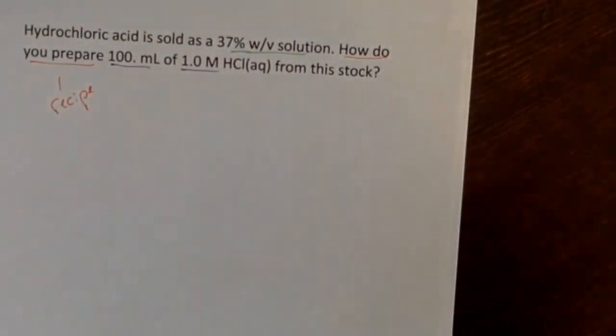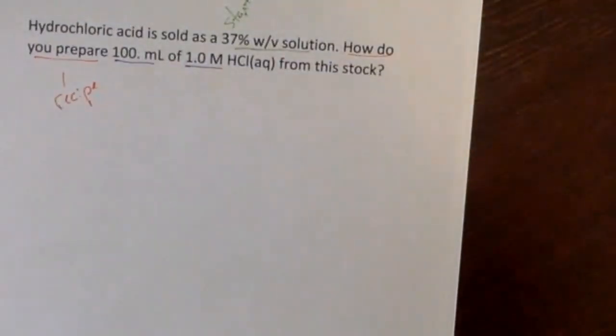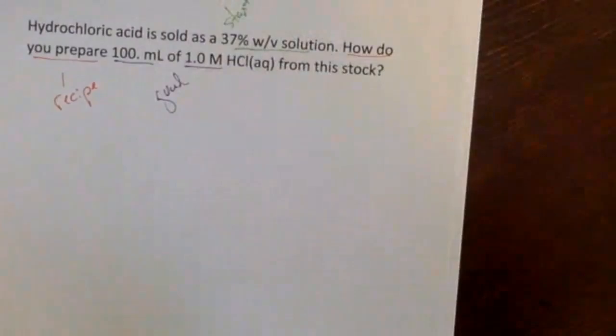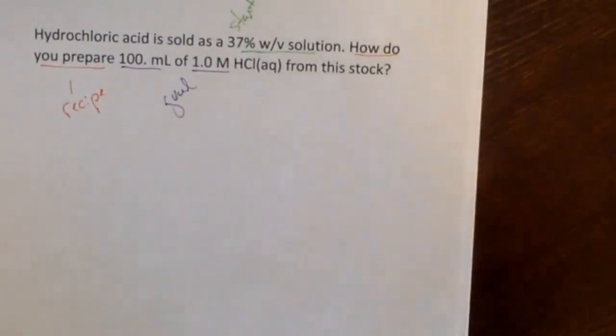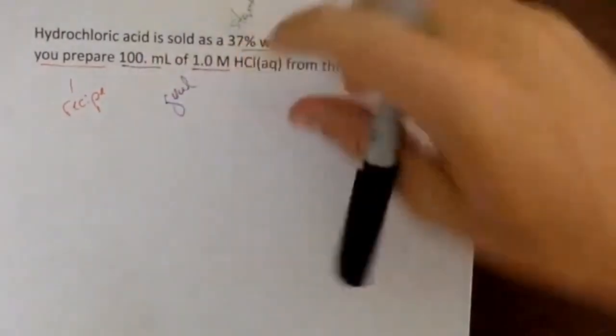Okay, so this would be where I start, and this would be my goal. And so all of these ideas of target, your starting solution, your goal solution, all point to using, again, my dilution equation, where my start is going to be solution 1, my goal is going to be solution 2.